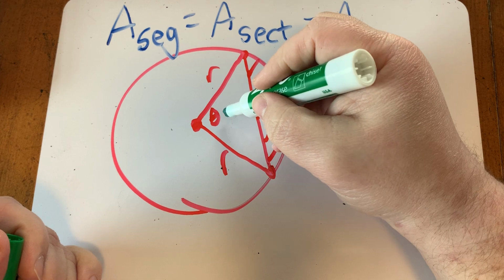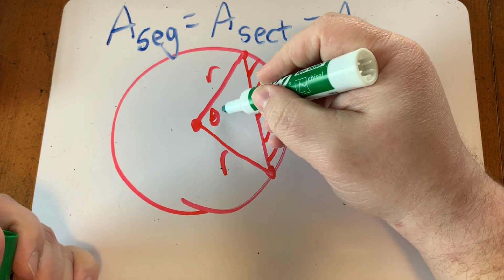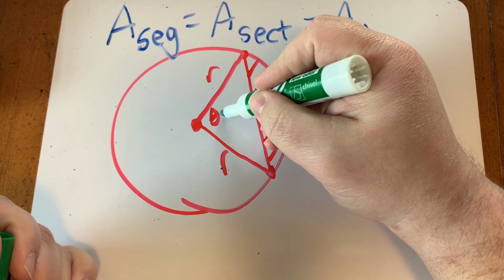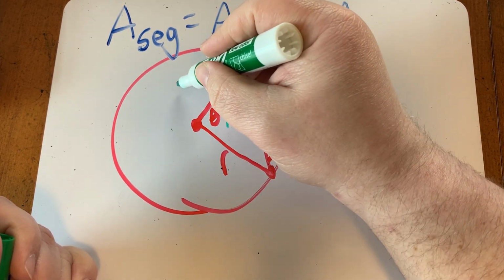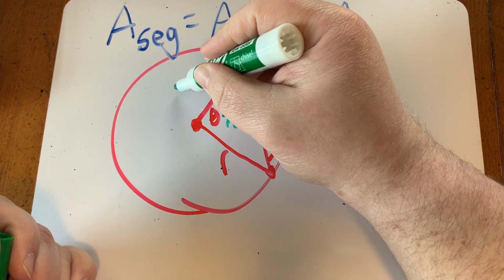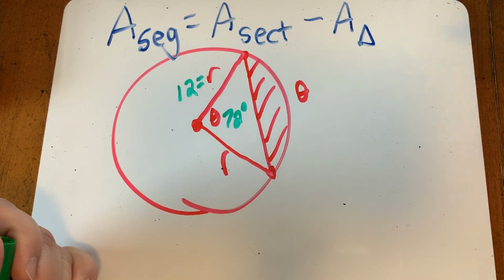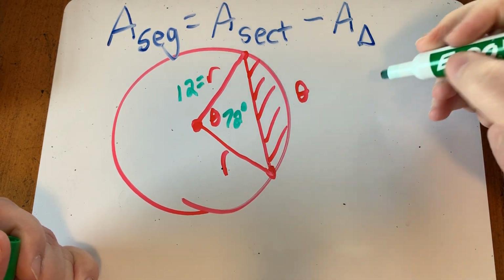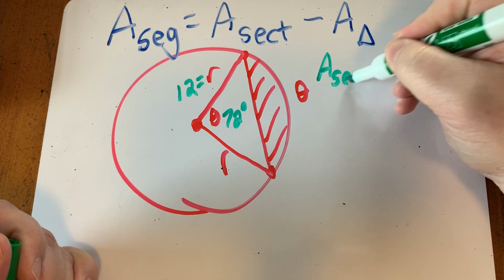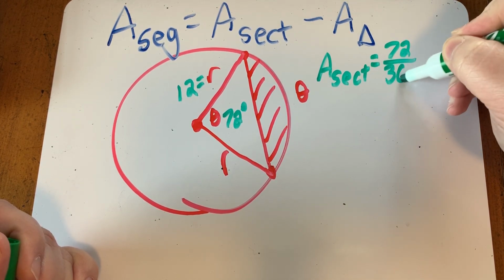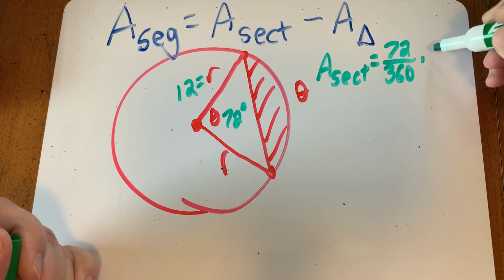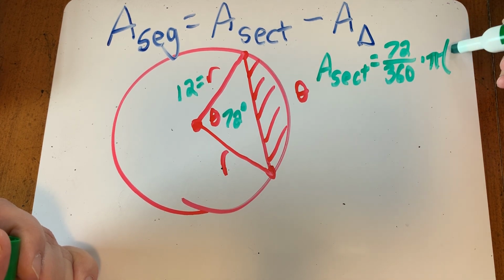So let's say this was, say, 72 degrees. And the radius was, we'll say, 12. The area of the sector would be 72 over 360 times pi times 12 squared.